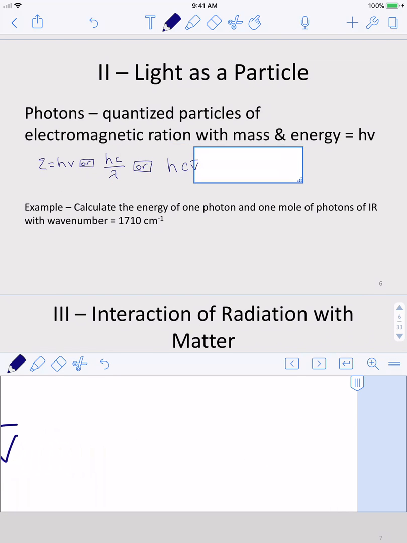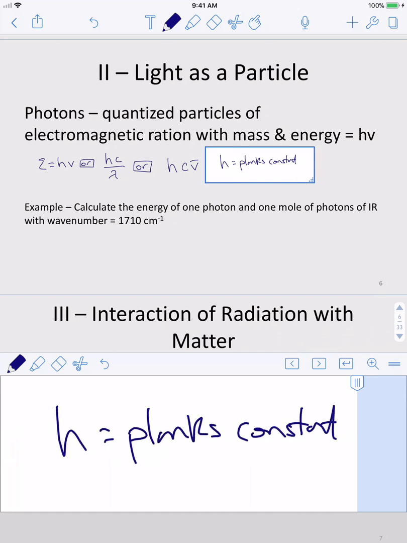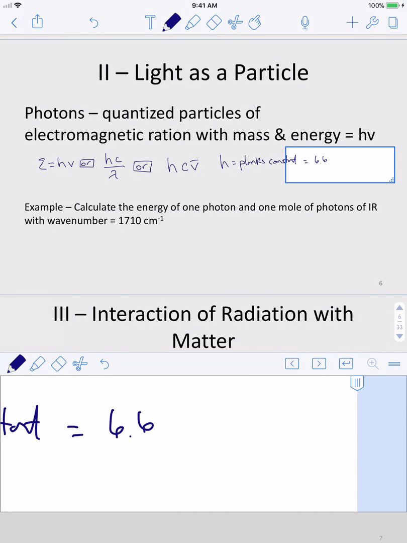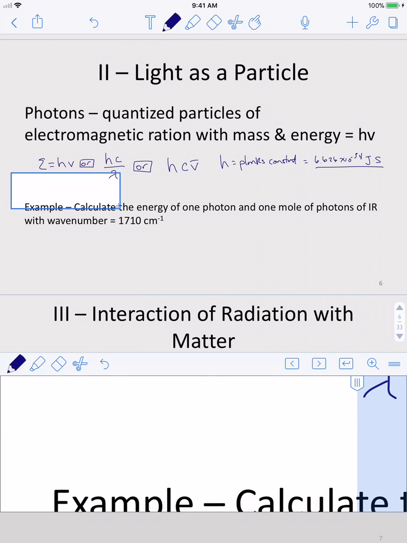Okay, and here Planck's constant is always a constant with a value of 6.626 times 10 to the negative 34 joules times seconds. So that's one to memorize or put on a card somewhere.